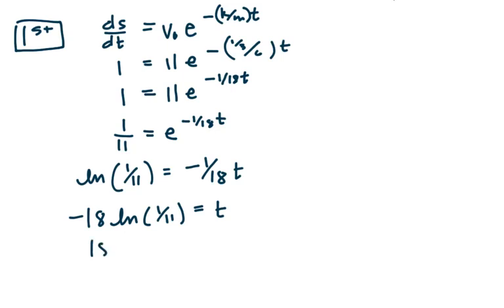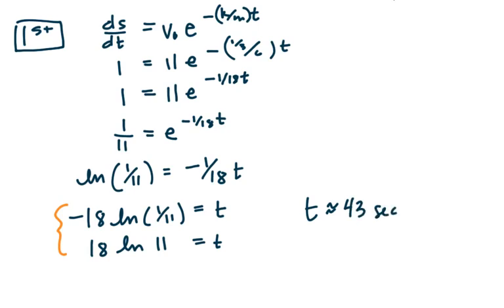And this is the same as saying 18 natural log of 11 equals t. It's just different notation. You should feel comfortable converting between both of those natural log versions. And when you plug this in your calculator, you get that t is approximately 43 seconds.